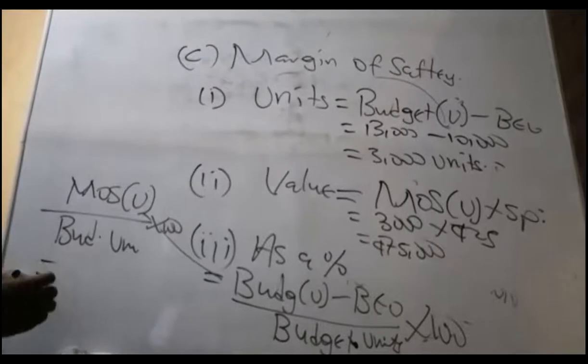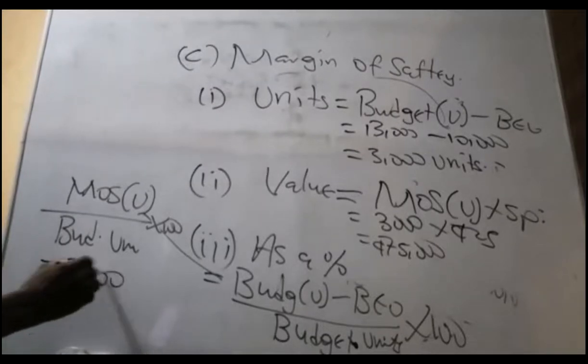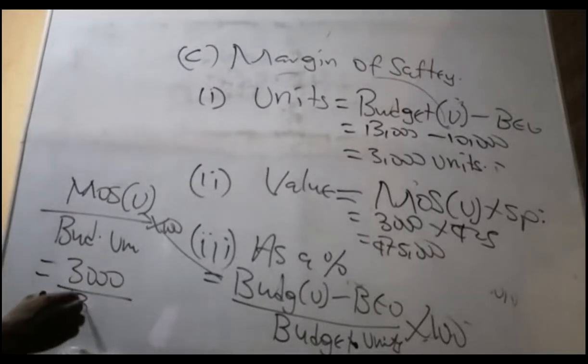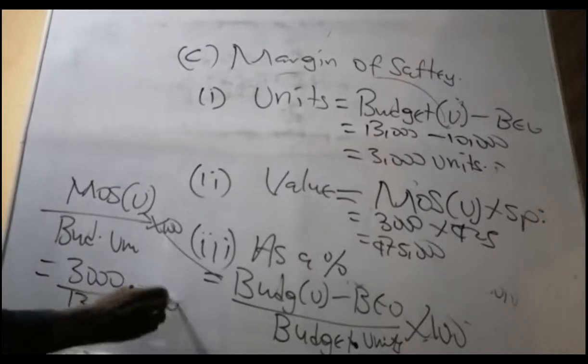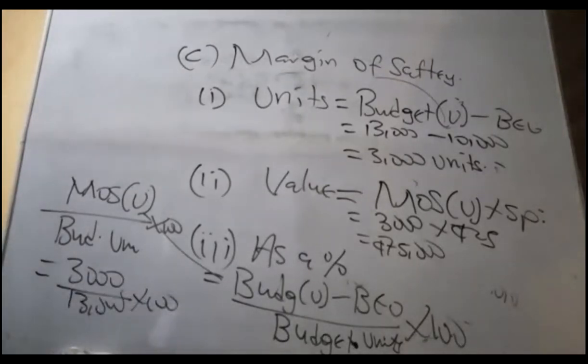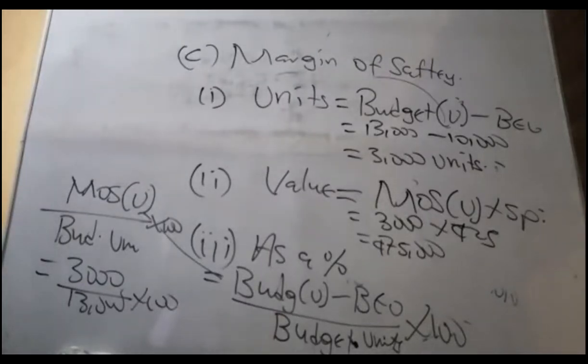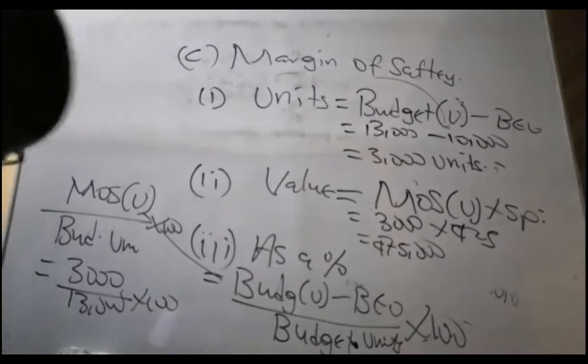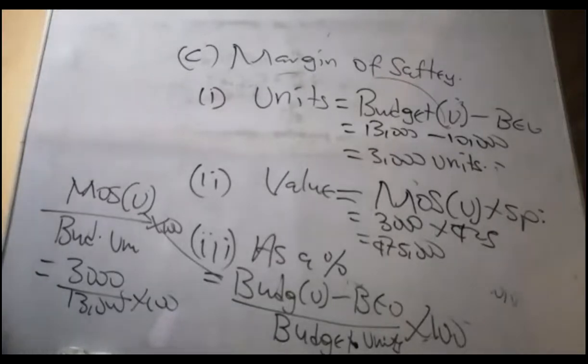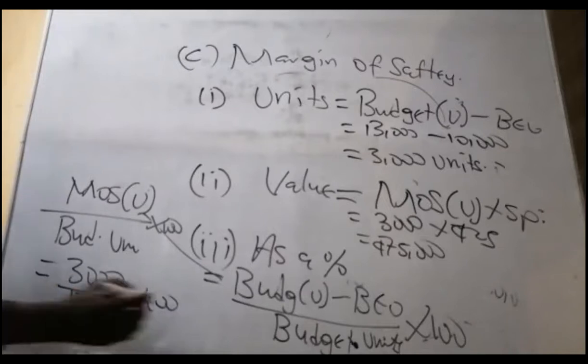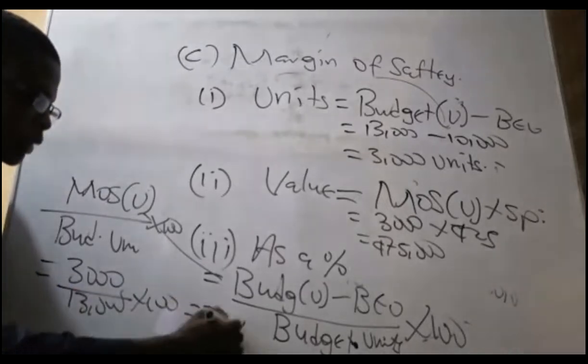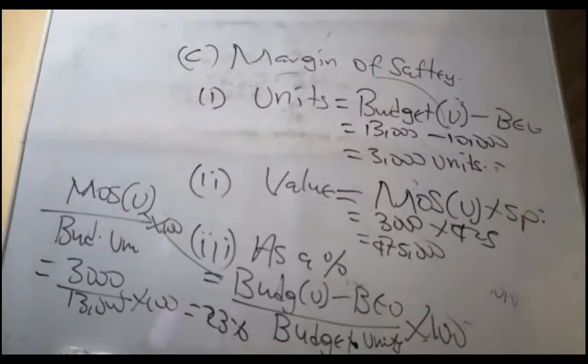So we pick the 3,000, divided by the budget of 13,000, times 100. That gives us the percentage that you've added. The answer is 23%.